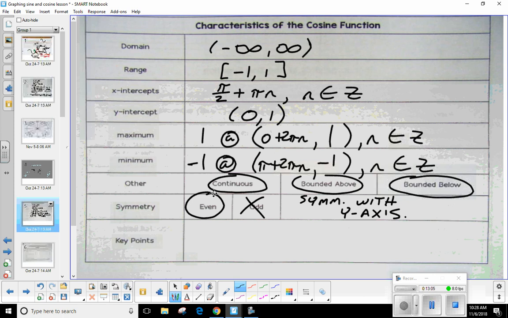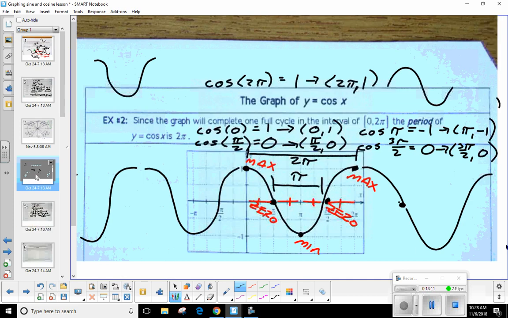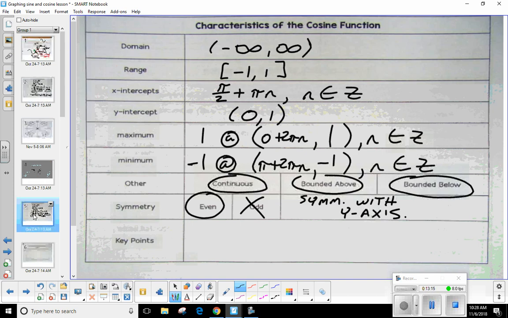Okay, and then we have our key points. Now remember, these key points are coming from the graph where we listed the max, the 0, all the way back to the max again. So cosine starts with a maximum, which is (0, 1). Okay. And then we reach our first 0, which is located where? Pi over 2, 0.